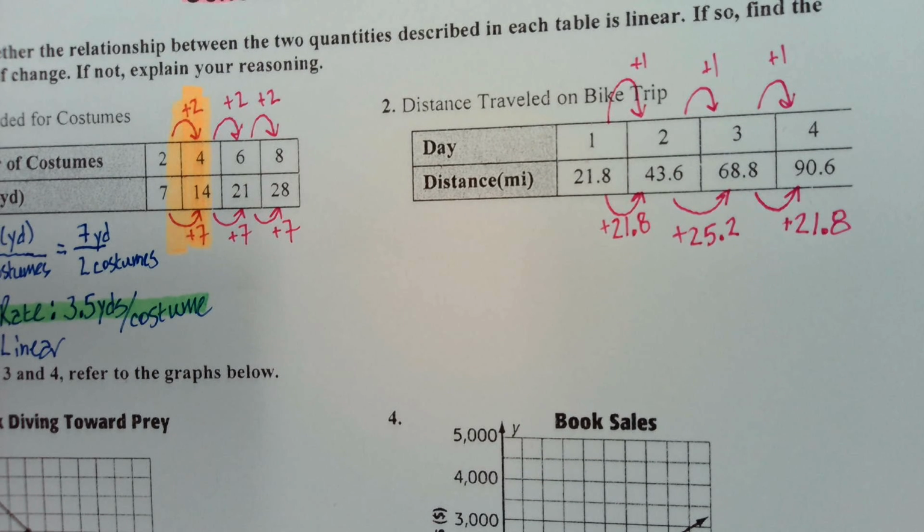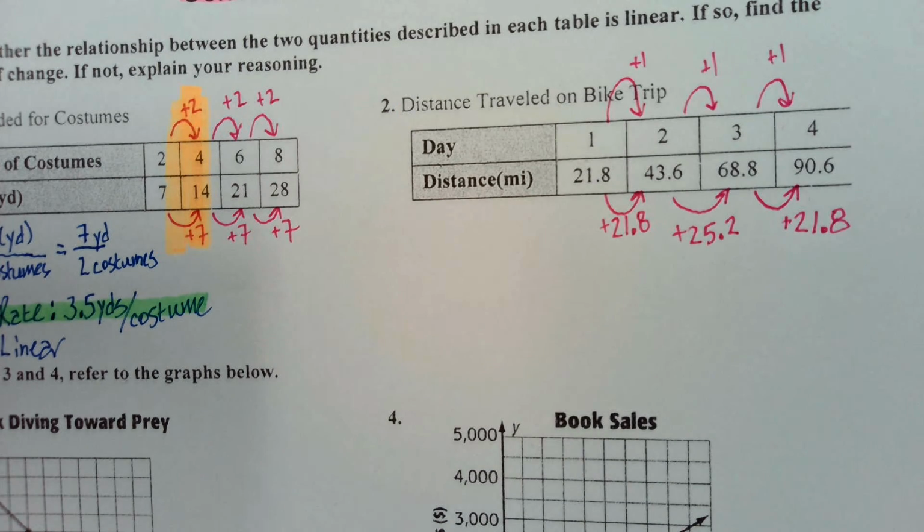So here's what we got. What do you think? Do we have a constant rate of change? It would have been nice if this one was 21.8.